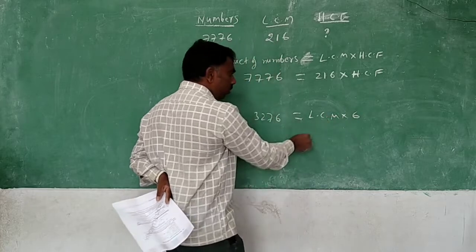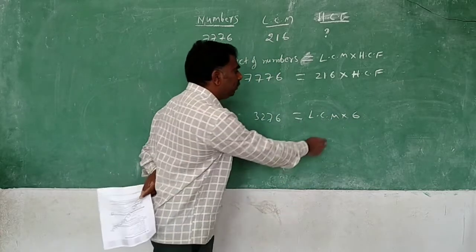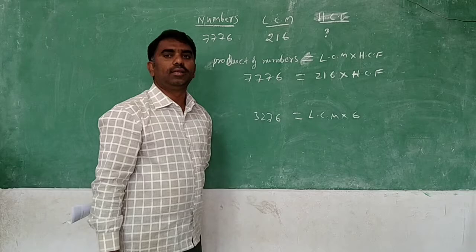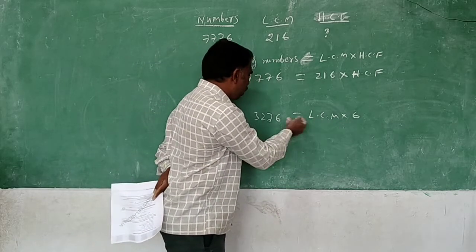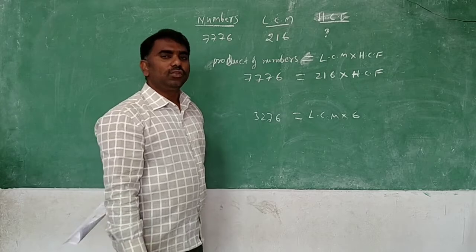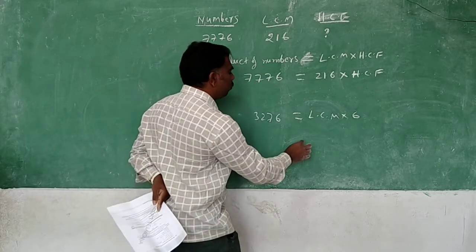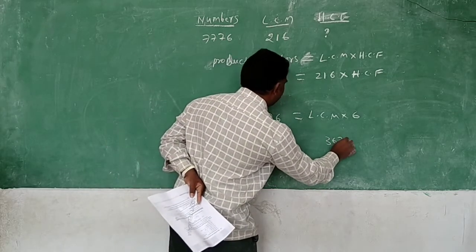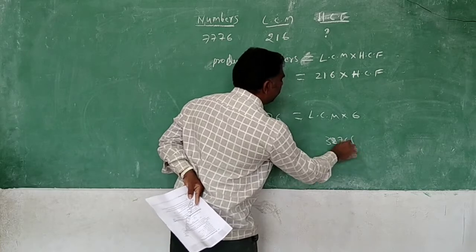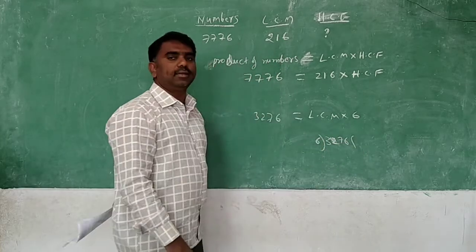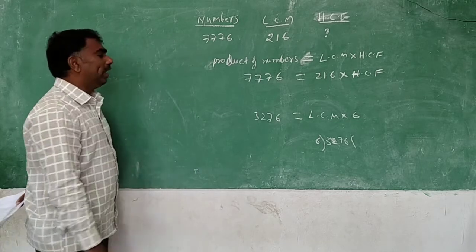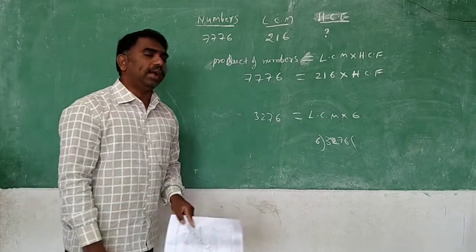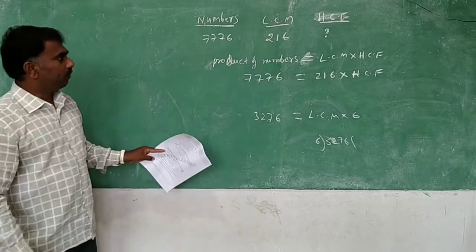Means 6 into what will become this? If you multiply 6 with what, you will get this? This is one easy idea I will give to you. Take this number and divide it by 6, then you will get the answer easily. If you want, write it in your notebook, then continue and complete this one.